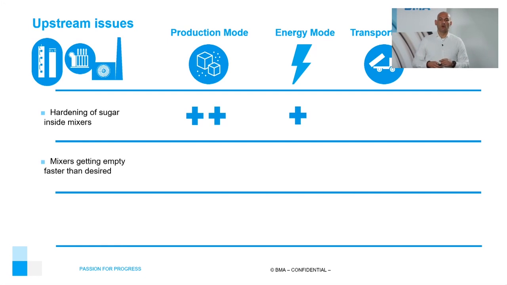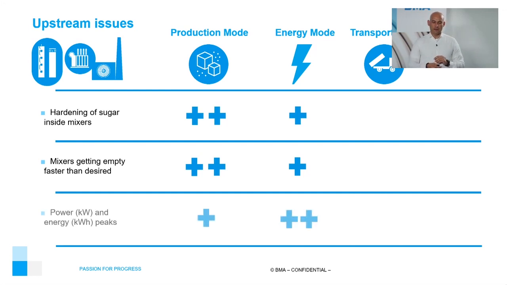The second point was these mixers getting empty faster than desired, and again, that will be handled through our production mode. The production mode, I repeat, was made to produce all our sugar, adjusting to the real needs of the factory. And about the power peaks and energy peaks, of course, the energy mode was made for the minimization of this problem.